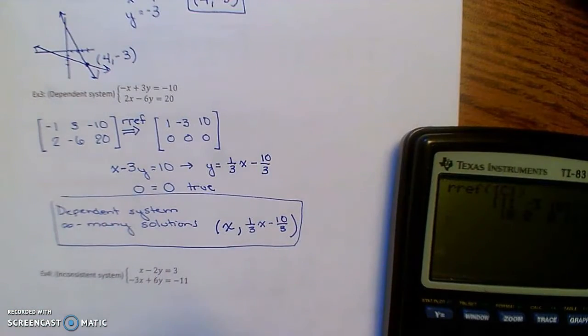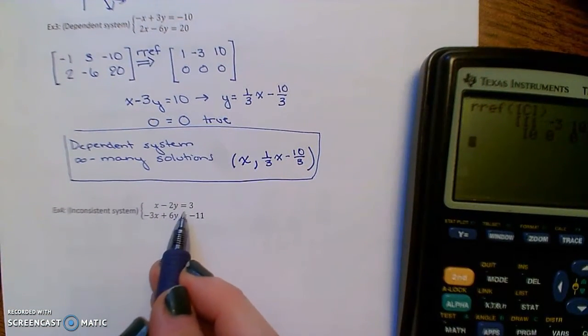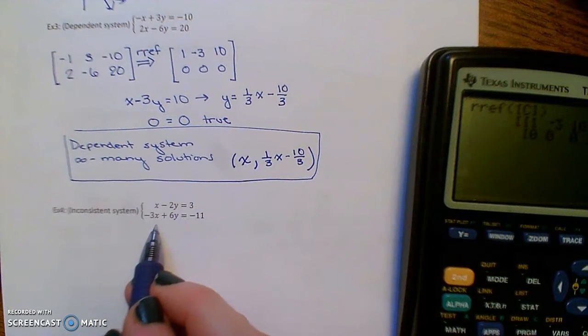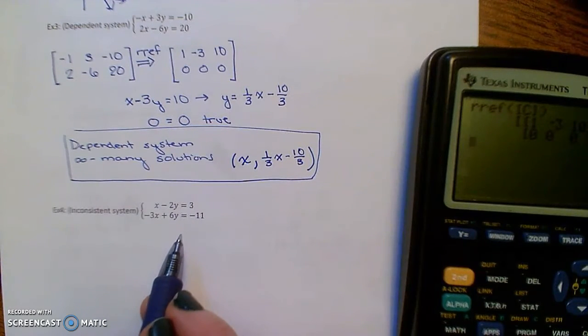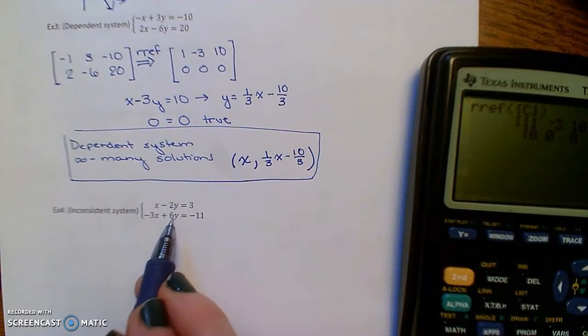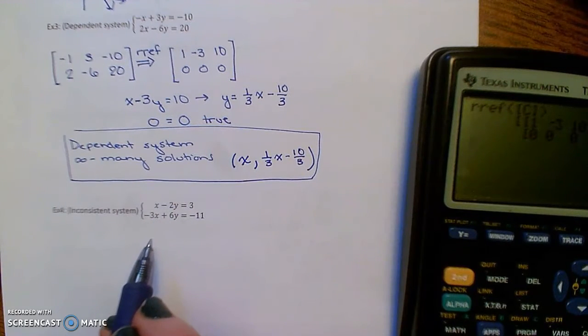Now let's see one last case here. x minus 2y equals 3, and -3x plus 6y equals -11. What you might notice is that these two equations are two linear equations that have the same slope but different y-intercepts.